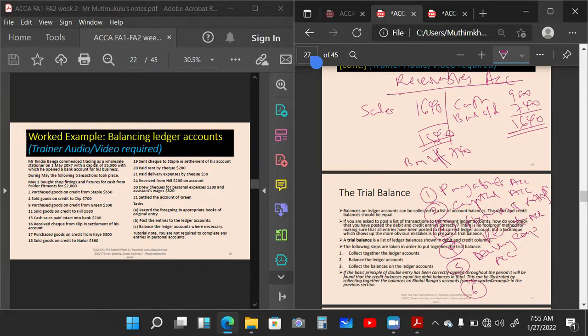I also want you to show me the drawings account, and lastly the wages account. So these are part of your assignment.